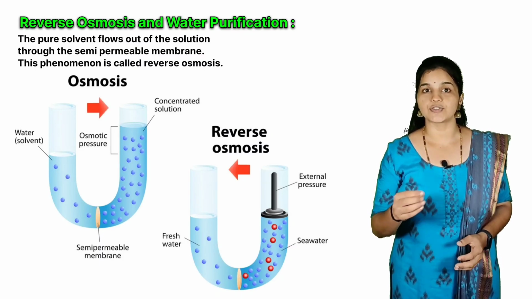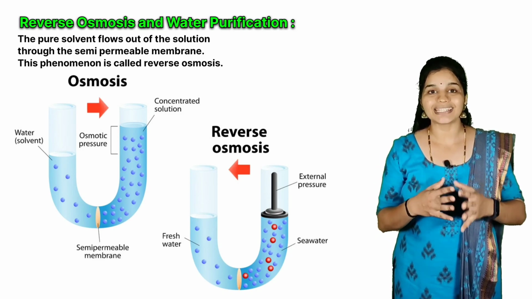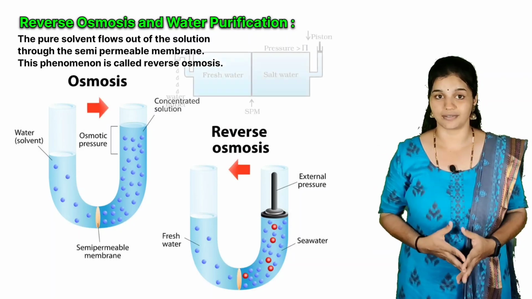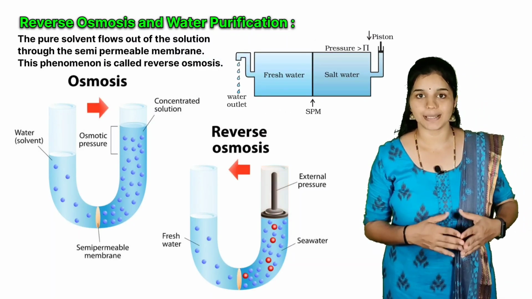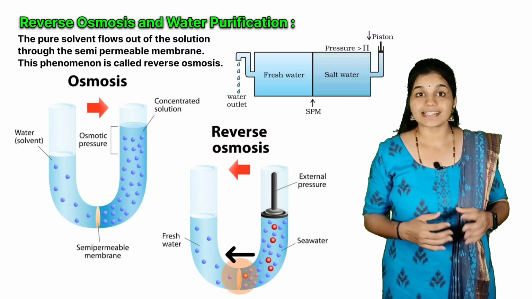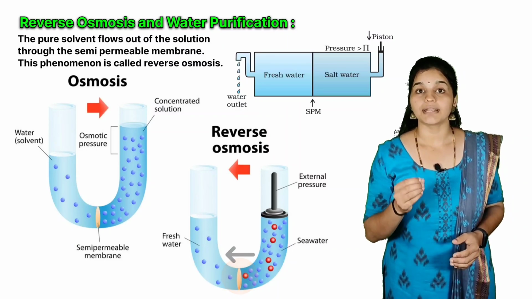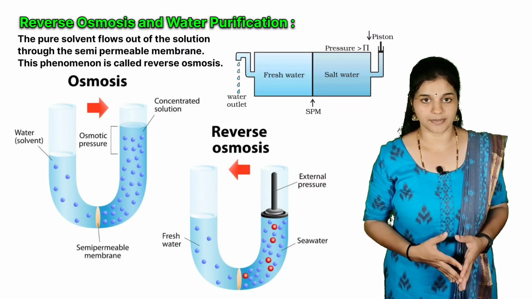Reverse osmosis is used in desalination of seawater. A schematic setup for the desalination process of water is shown here. When pressure more than osmotic pressure is applied, pure water is squeezed out of the seawater through the membrane. A variety of polymer membranes are available for this purpose.